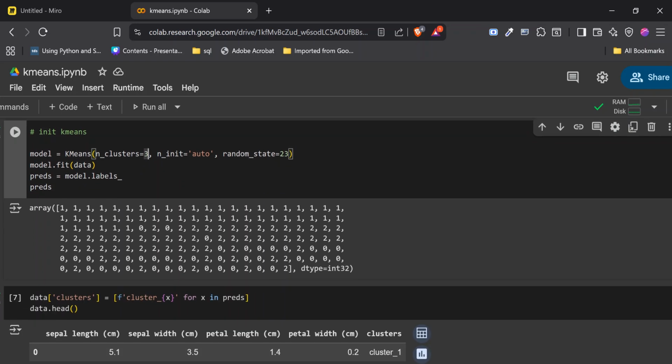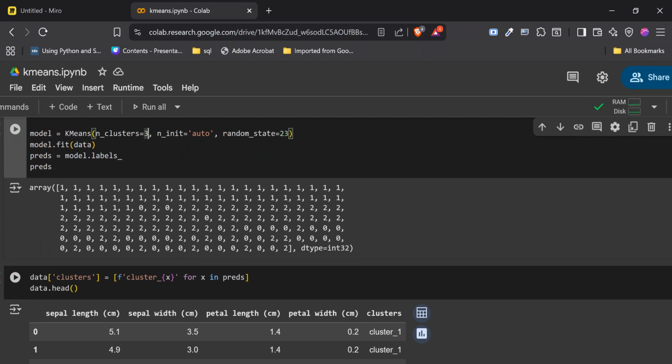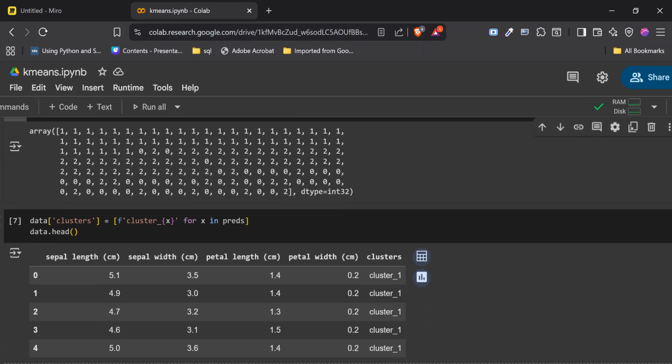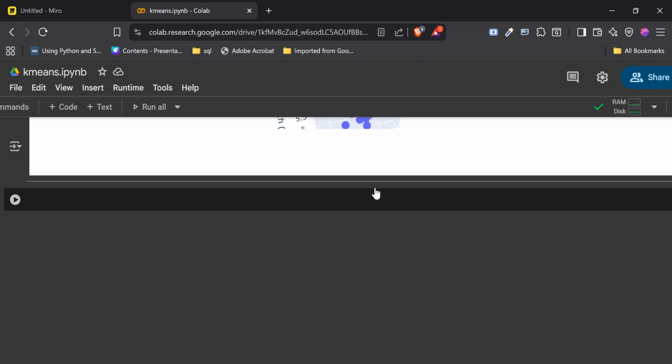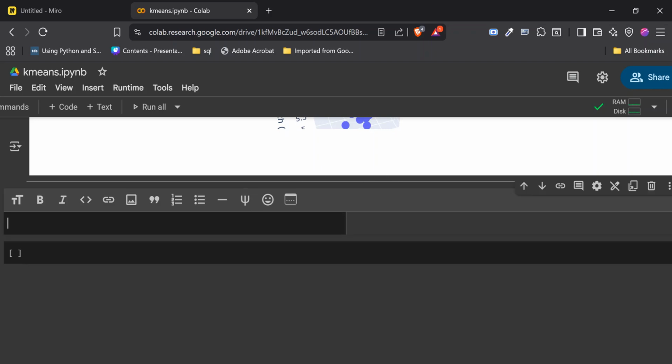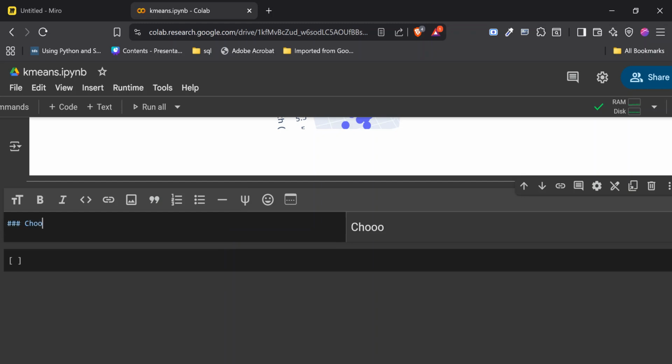If you want to know the best number of clusters to choose, in that case, we use something called the elbow curve. So we use the elbow curve to choose our optimal k. So I'm going to come here and say choosing optimal k with elbow curve.